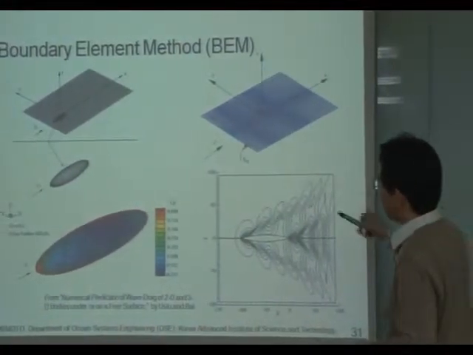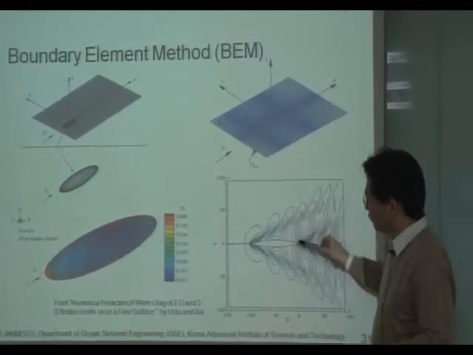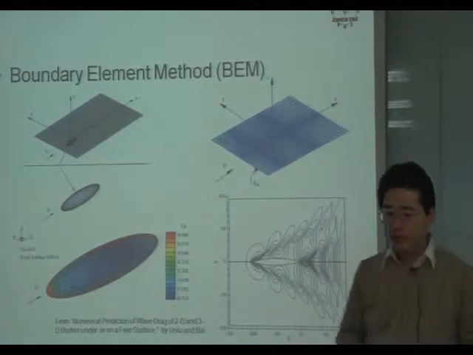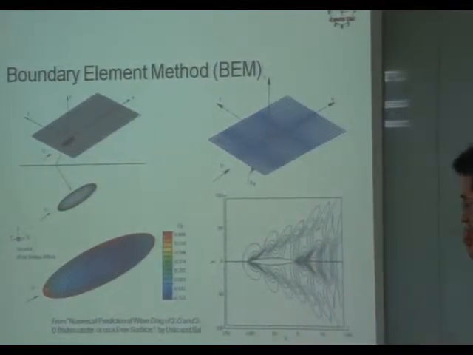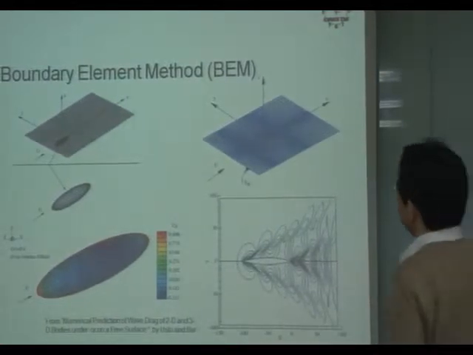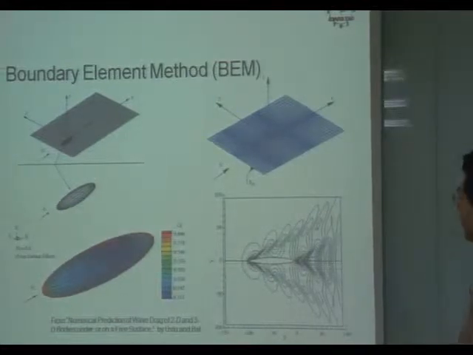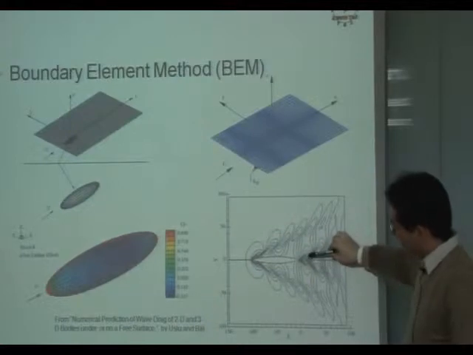The result is like this. It shows a very realistic Kelvin wave pattern. But the difference between the BEM and other Navier-Stokes solutions is the existence of the turbulent part.